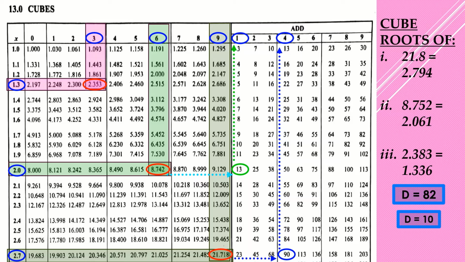So we get the difference between 2.383 and 2.353, and you'll find that we have 0.030. That is what we have.